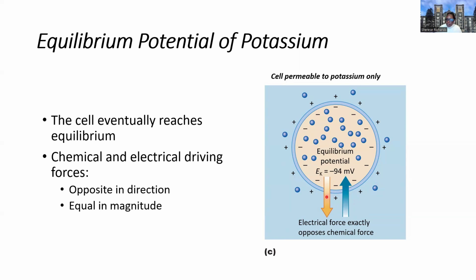And if we were to stick a voltmeter into this neuron, at this state of being at equilibrium, the reading that we would get is negative 94, which means that potassium's equilibrium potential is negative 94. Okay, another way to say that: when the membrane potential is at negative 94, potassium is at equilibrium. Okay? So that is the two movements for potassium.